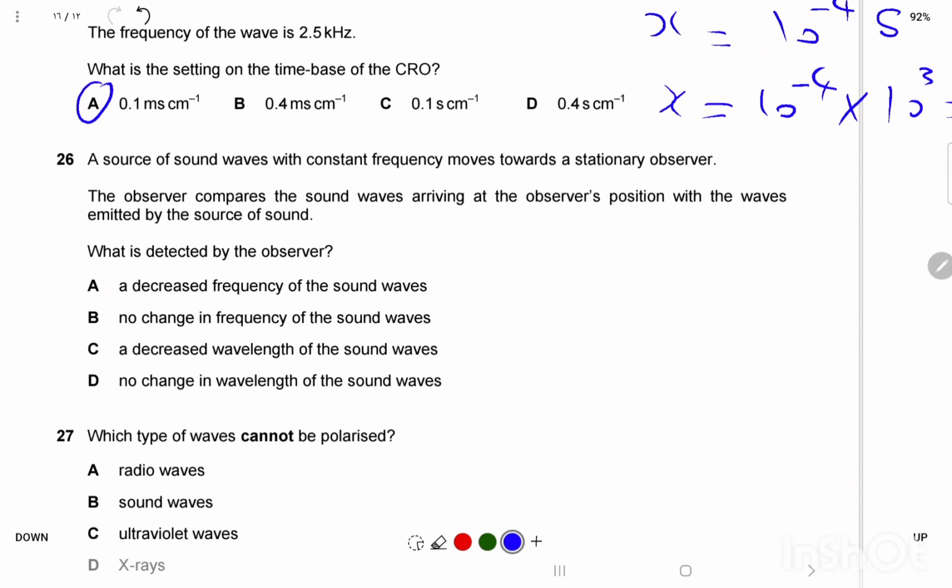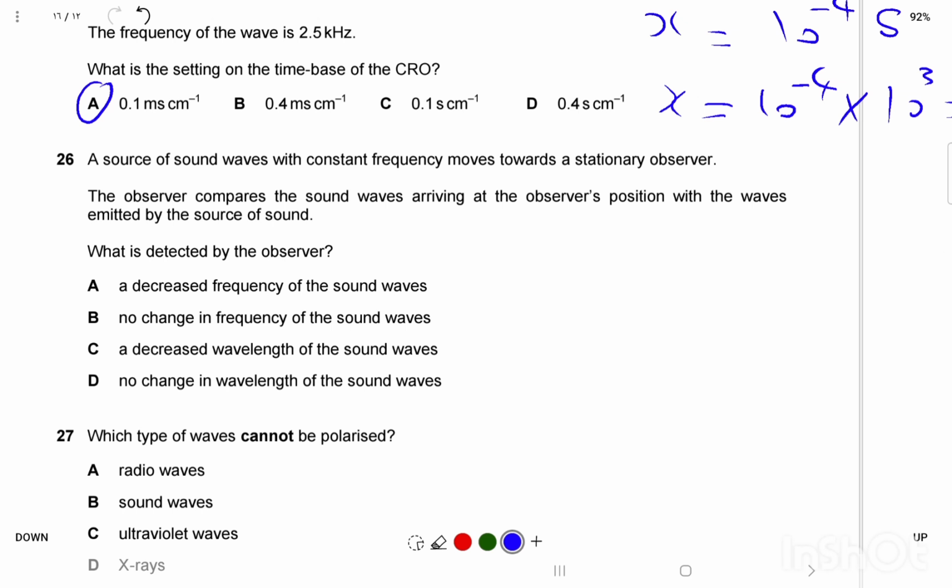Question number 26. A source of sound waves with constant frequency moves towards the stationary observer. The observer compares the sound waves arriving at the observer's position with the waves emitted by the source of sound. What is detected by the observer? So here this is Doppler effect.